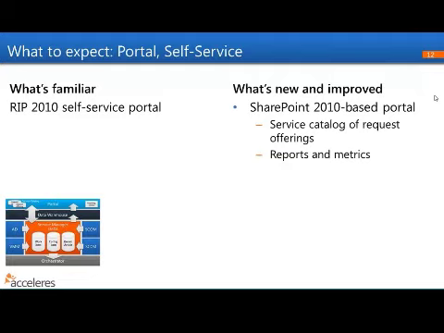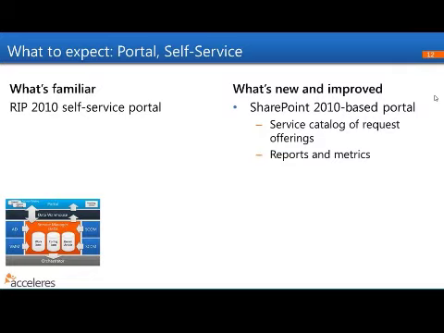And going back to this idea of a service catalog, what you're going to have is not so much a service catalog in the portal, but you'll have request offerings. I think I touched on this earlier. There are going to be a bunch of different things that you can request. And you're going to be able to do anything from requesting something small like access to a network device, network resource, to even potentially requesting a virtual machine.